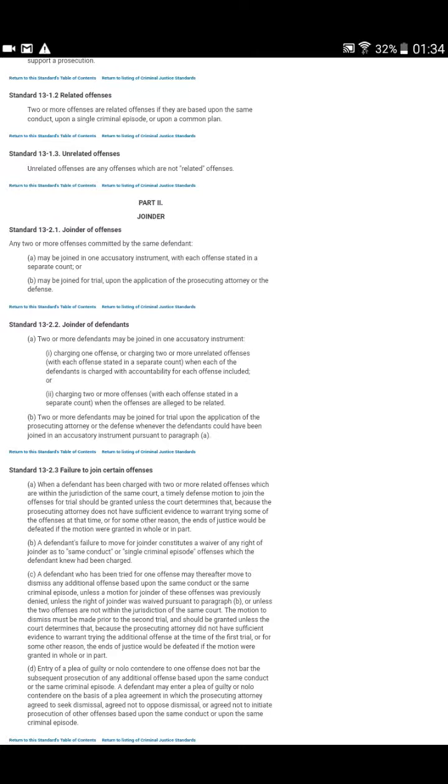Now, B, two or more defendants may be joined for trial upon the application of the prosecuting attorney or the defense whenever the defendants could have been joined in an accusatory instrument pursuant to paragraph A.